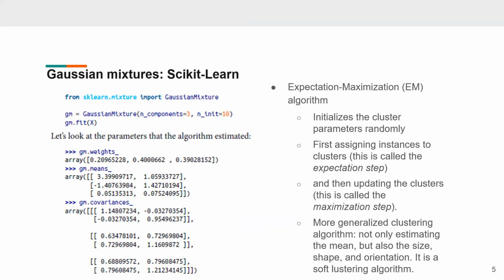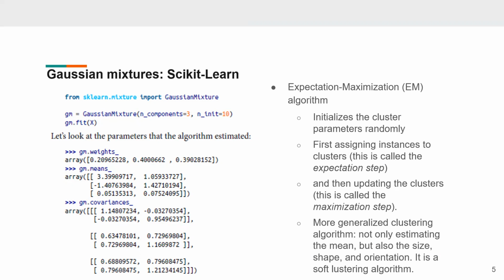It is a more generalized clustering algorithm, estimating not only the mean, but also the size, shape, and orientation. It is a soft clustering algorithm. So this assigning to cluster is not hard clustering.